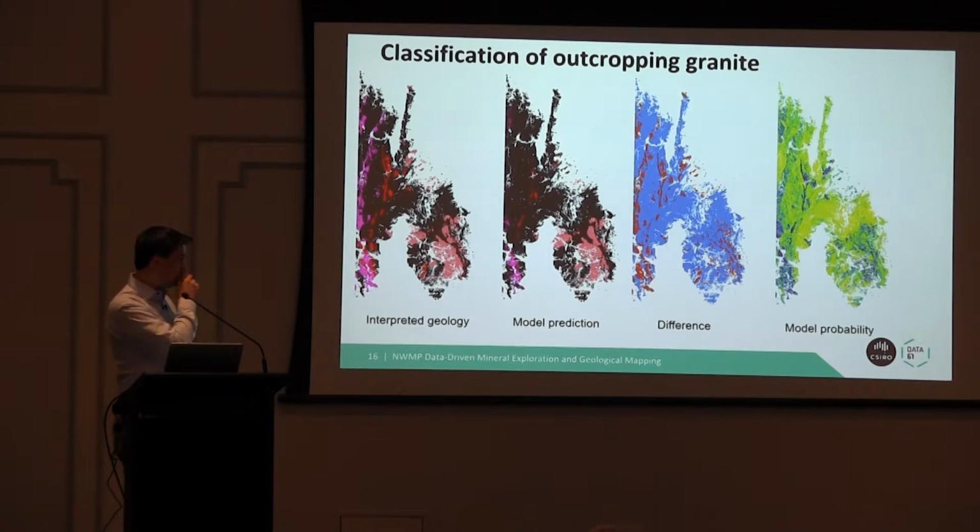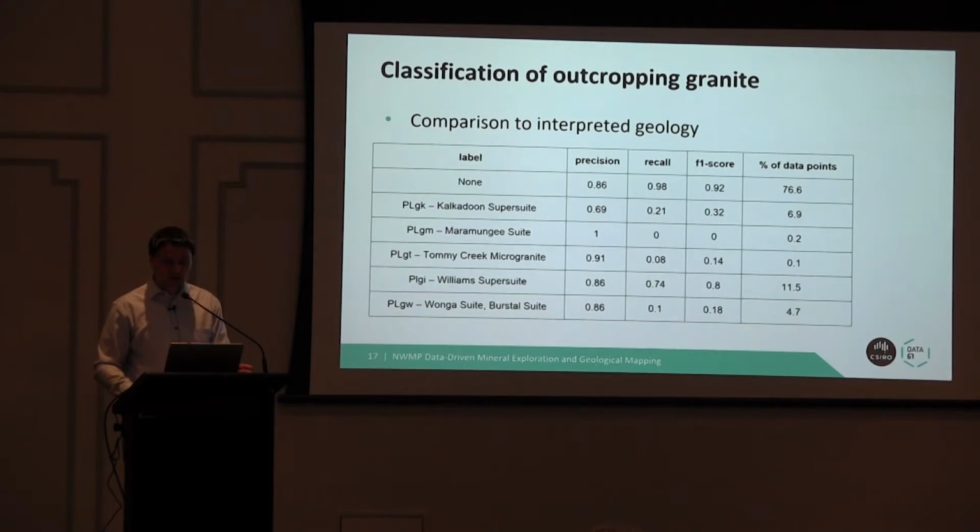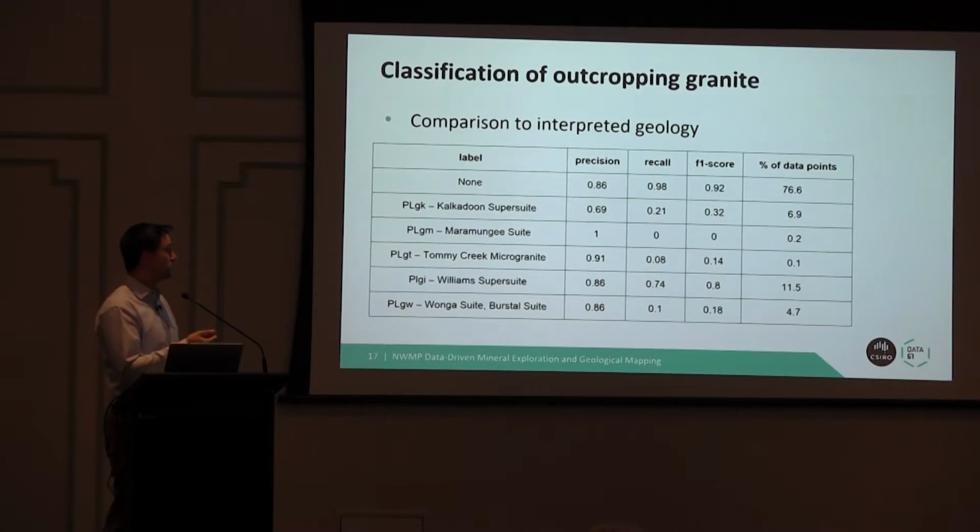And we can see that we can fairly well map the Williams granites, but we have quite a bit of trouble with the Kalkadoon and the Marmonji granites. And that might be in part due to the geophysical response of these, but also in a larger part, when we actually look at the statistics behind this, due to the training points that we had available for this exercise.